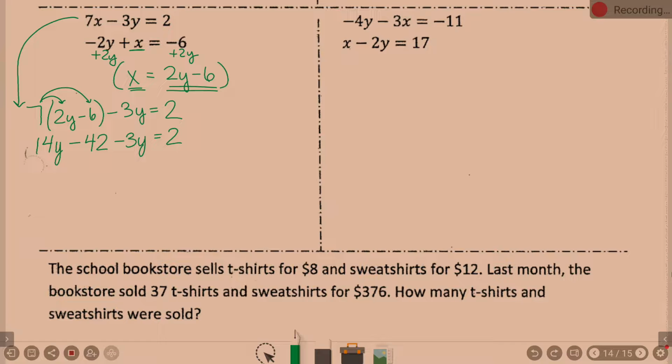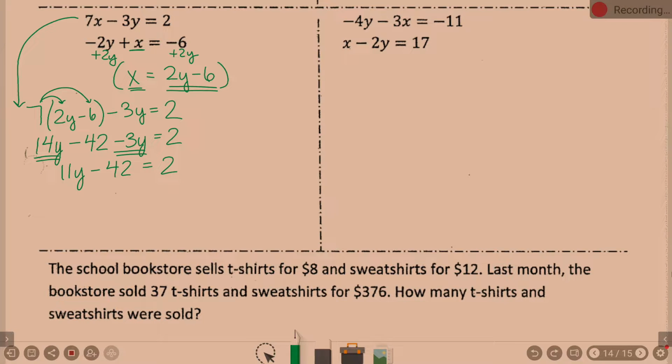Okay? Now, on the left, what can I clean up on the left? The 14y goes with minus 3y. What is 14y minus 3y? 11y. Still minus 42.